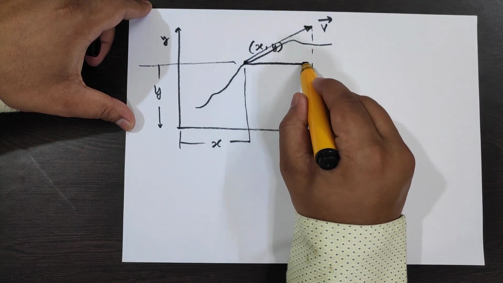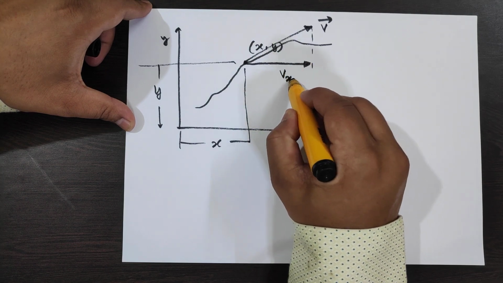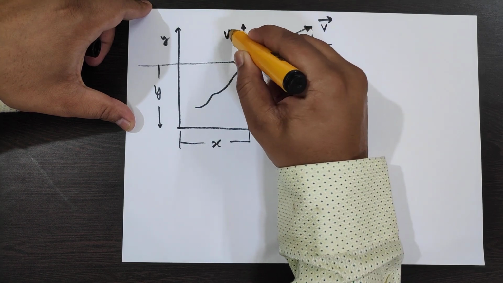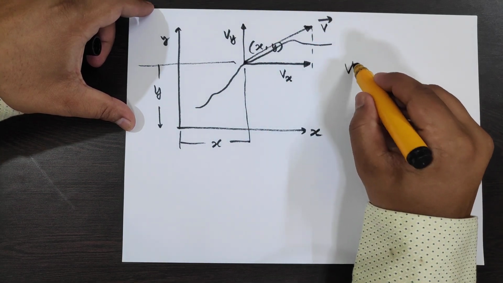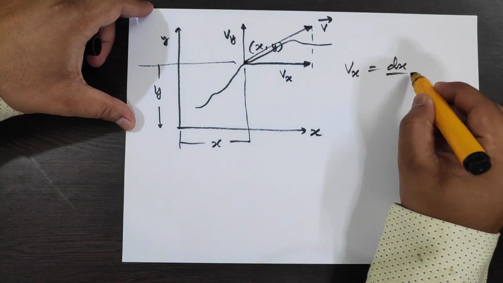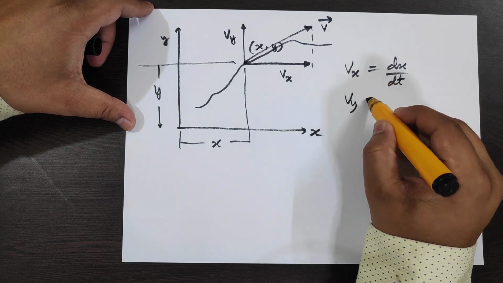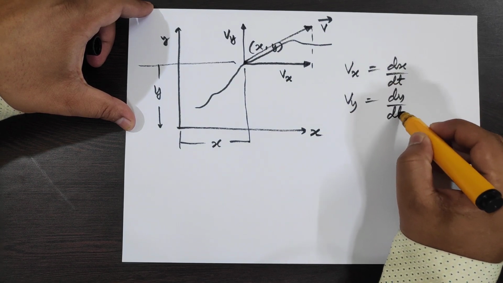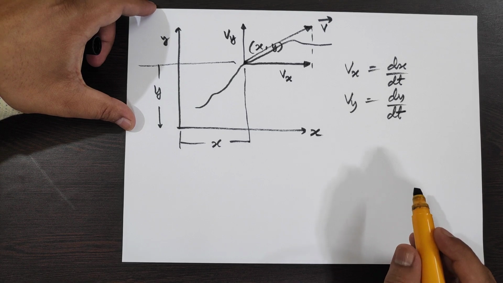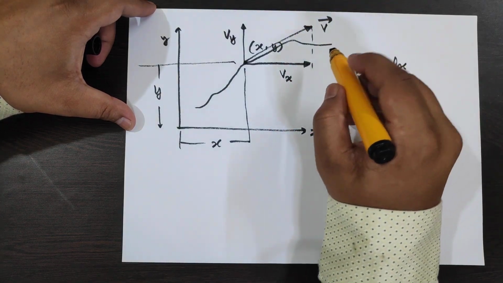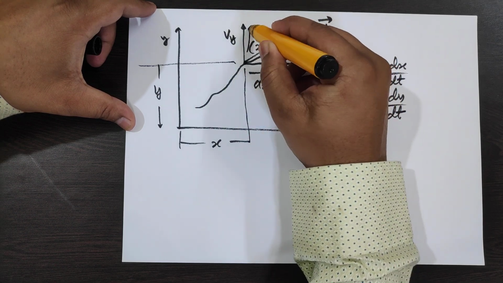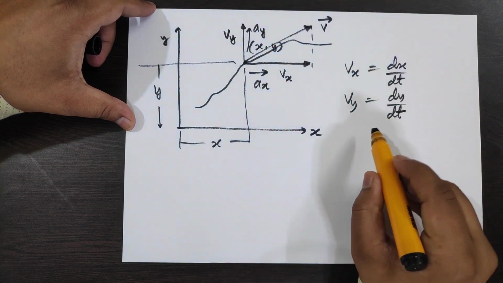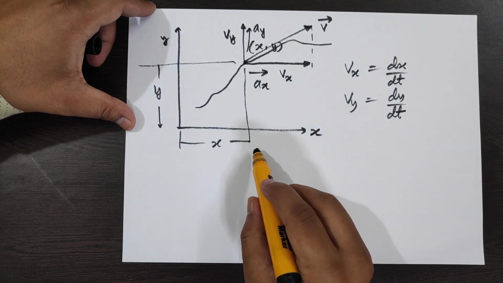This velocity has components vx and vy. Obviously vx is the rate of change of x, that is dx by dt, and vy is dy by dt. And suppose the acceleration also has two components, ax and ay.